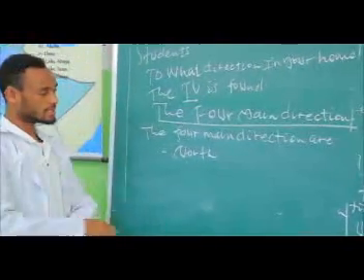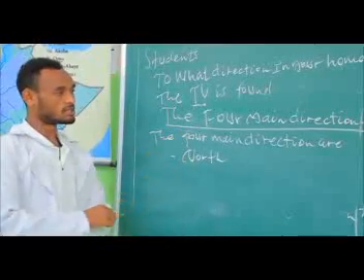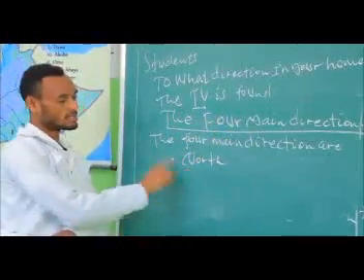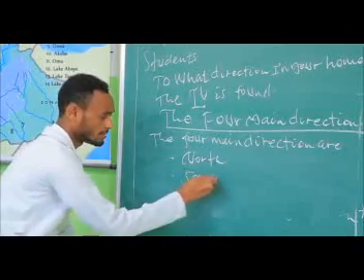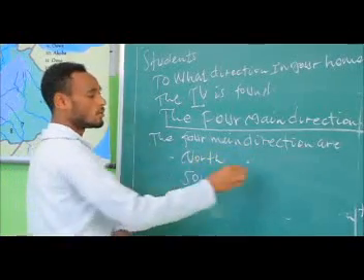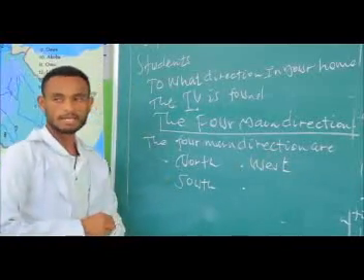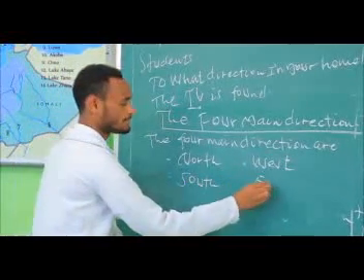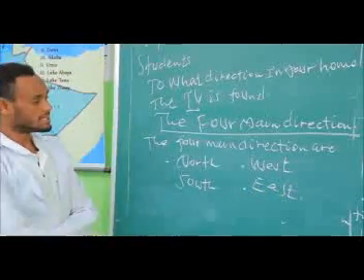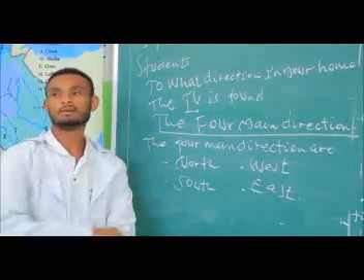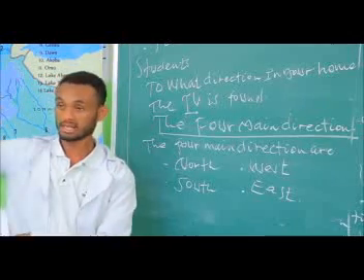Students, this is the first one of the four main directions. The second one is south. The third one is west. The fourth one is east. By using these four main directions, you can locate a given object even at a distance.